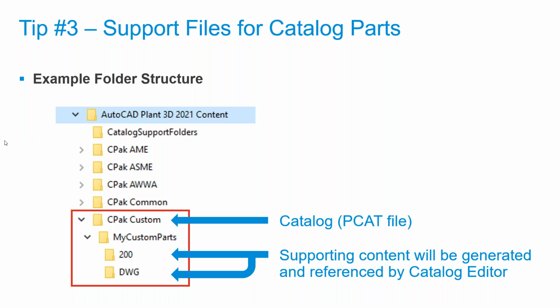I have a user asking, is it possible to add a piping item from a spec to a catalog? Well, I've never gone that way. It sounds like you want to build a catalog from the spec, because in the case of what we're talking about here with block-based geometry, the block-based geometry has to come from a catalog into the spec for the spec to be able to use that.